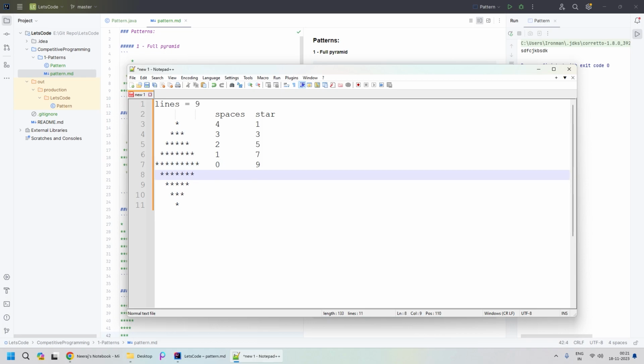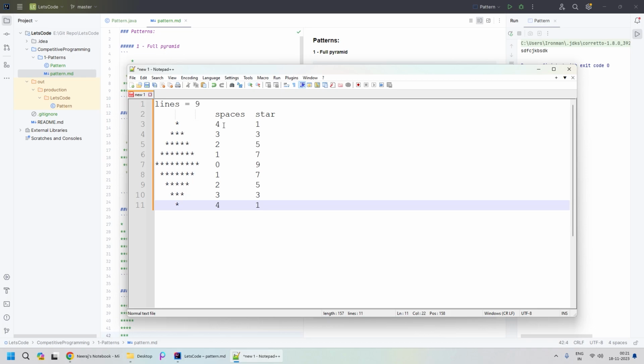Then again spaces are increasing and stars are decreasing. So we have one space, again seven stars, two spaces, five stars, three spaces, three stars, and four spaces with one star. Now do you see a pattern here?